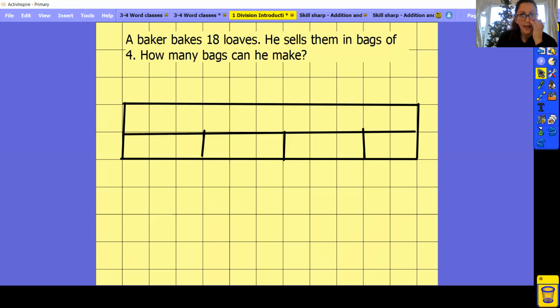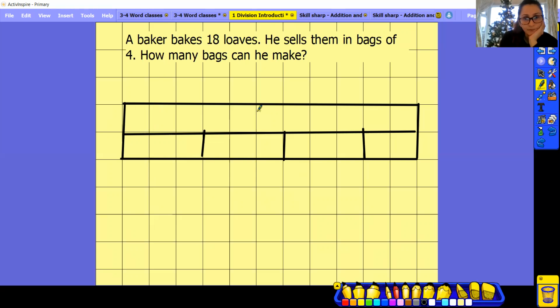Next one. Okay. So this one is a slightly tricky one, okay? So we've got 18 divided by 4, okay? So let's see how many 4s go into 18 equally. So we've got 4, 8, 12, 16. Then we go to 20.